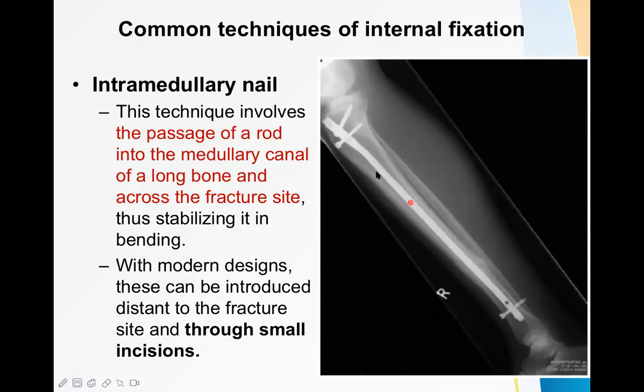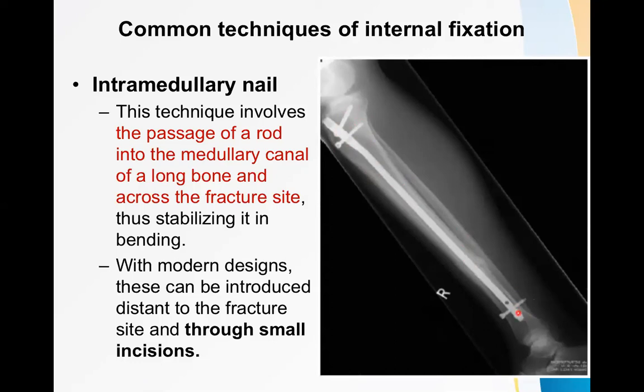So which bone is this? Every student knows. This is tibia. You can clearly see this is tibia. Tibia is an important long bone in our body. It is a weight bearing bone. So femur, okay, tibia and humerus. If there is a fracture at the shaft of these three important bones, we can fix this by intramedullary nail.